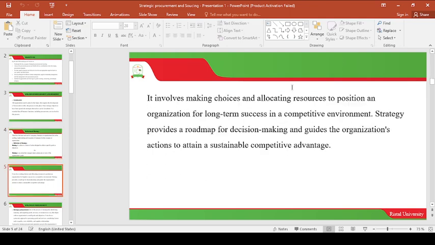So, in strategic procurement, it involves making choices and allocating resources to position an organization for long-term success in a competitive environment. So strategy provides a roadmap for decision making and guides the organization's action to attain a sustainable competitive advantage.